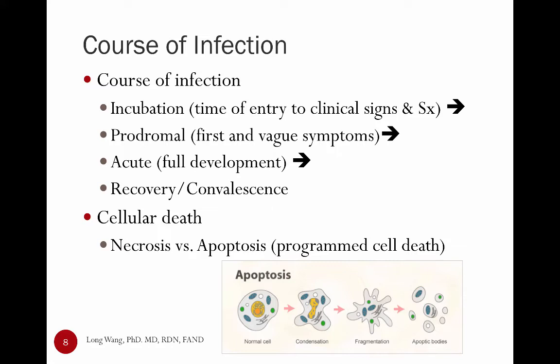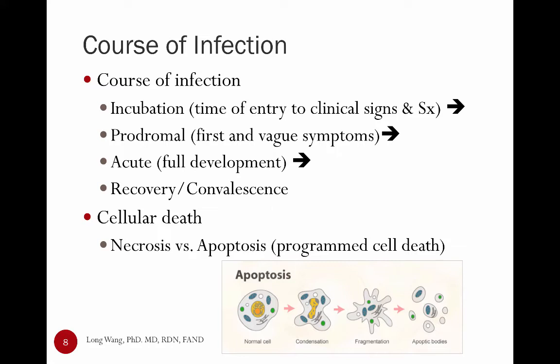Gradually signs and symptoms disappear, and the person gets better. In certain cases we'll talk about, they may develop a lifetime immunity. They would never get infected by the same microorganisms again. For example, measles. If the person survives measles, for the rest of his or her life, there won't be another measles infection.